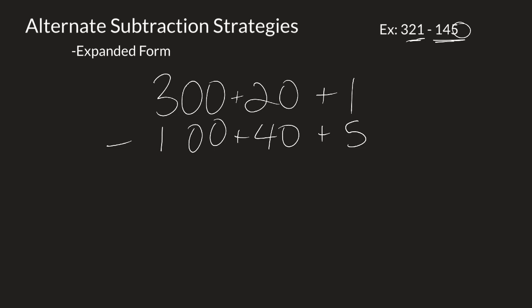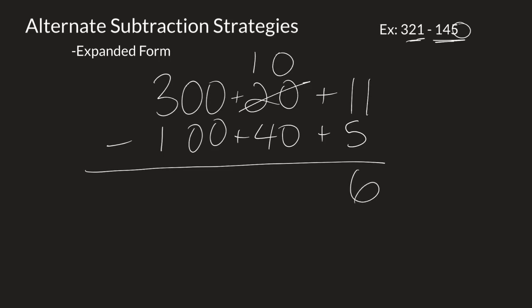So now, what we can do is take a look here. We've got 1 take away 5, and we can't. So what we want to do is take 10 away from over here. We're going to take 10 away from there. So now we know that there's 10, and we add 10 there. That is now 11.